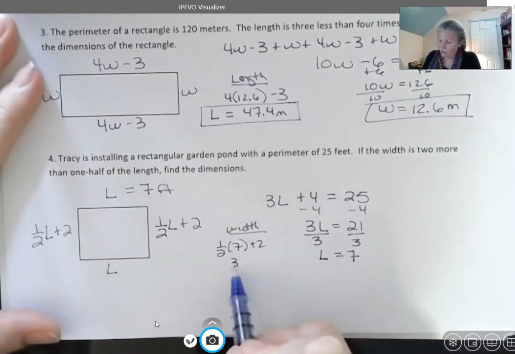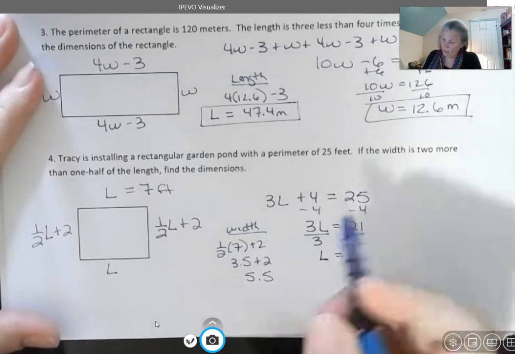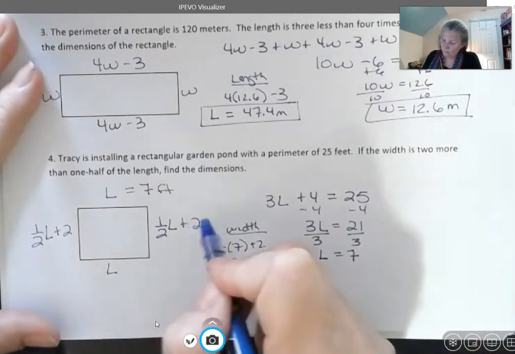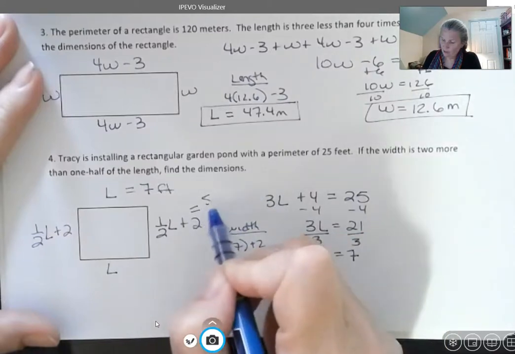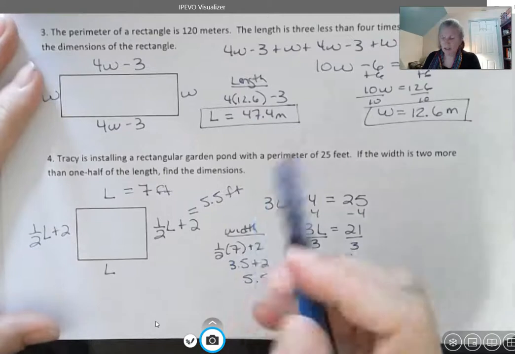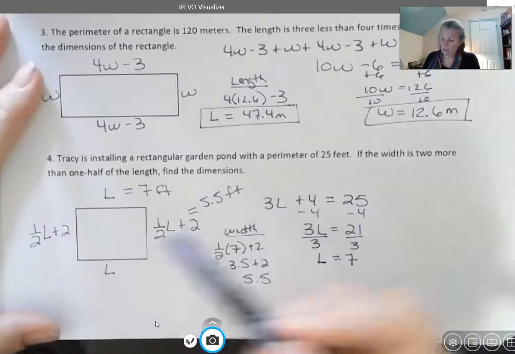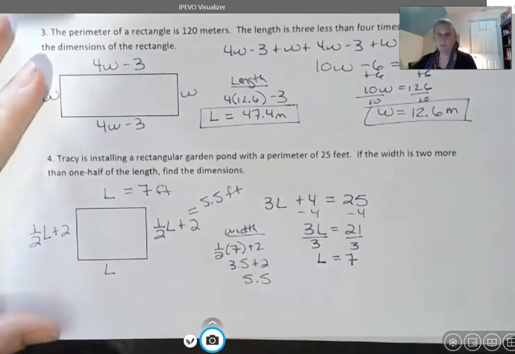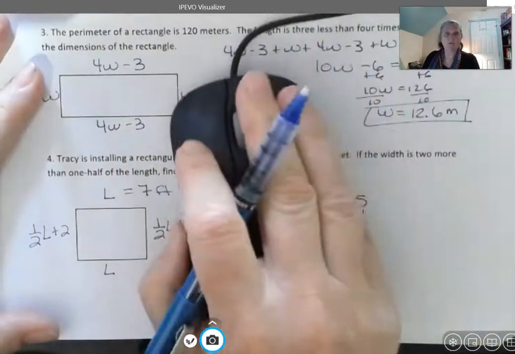Well, half of 7 is 3.5, plus 2 is 5.5. So my width equals 5.5 feet. And once again, you could easily add up the 4 sides and make sure that they all add up to 25, because that's what we were given for a perimeter.